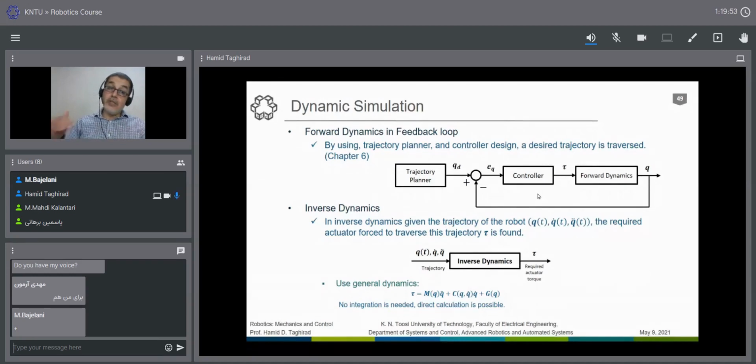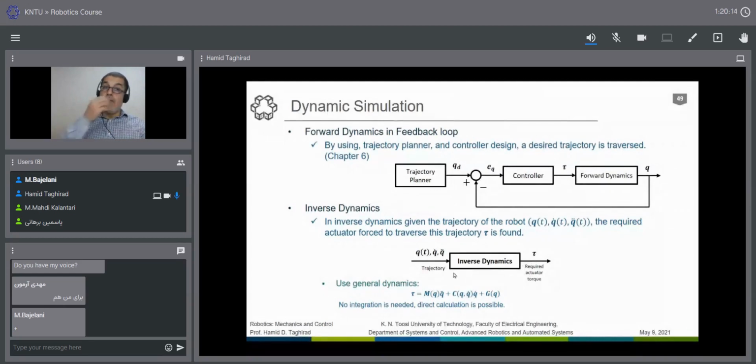But we also have inverse dynamic. Inverse dynamic, by definition, is that the trajectory is given, and you would like to find the required actuator torque to apply to make this motion possible.